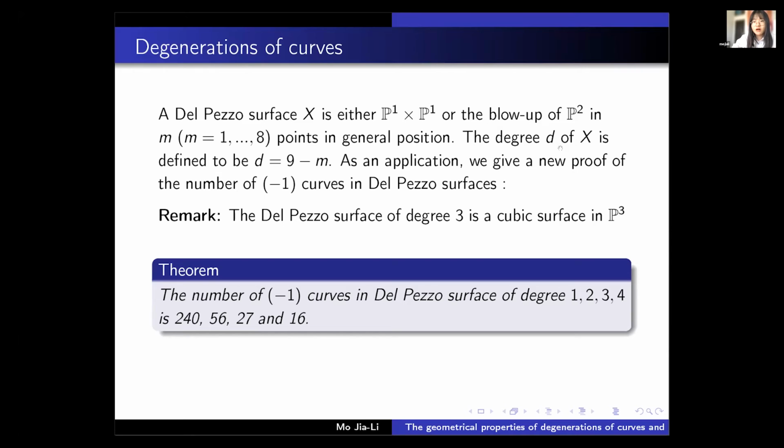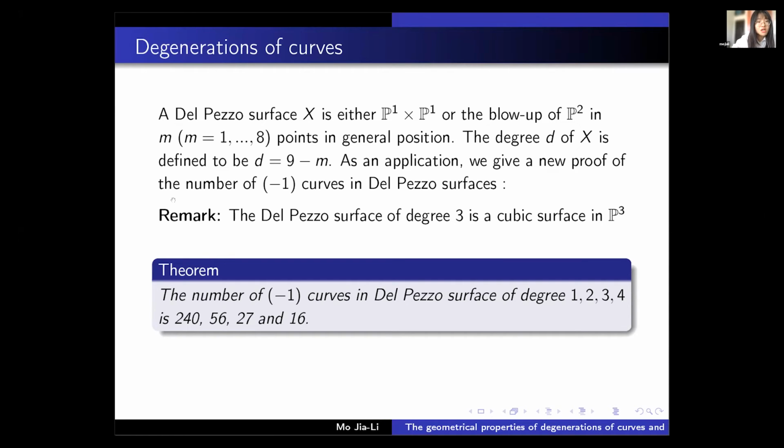The degree d of X is defined to be d equals 9 minus n. As an application, we give a new proof of the number of -1 curves in the pencil surface. Remarkably, this is a new proof, not a new result.